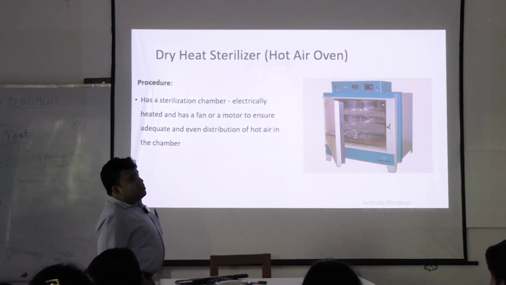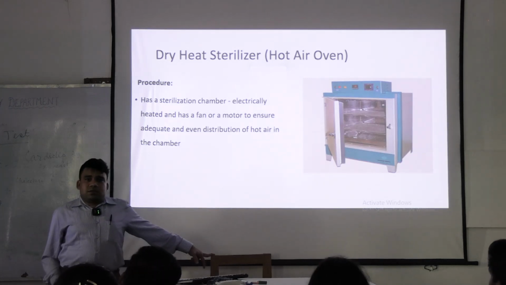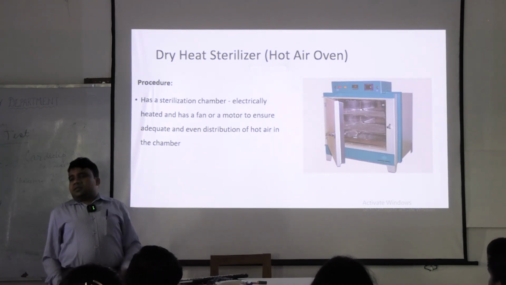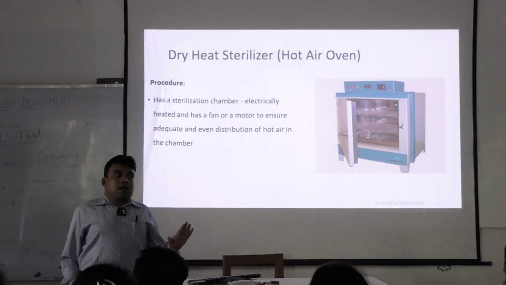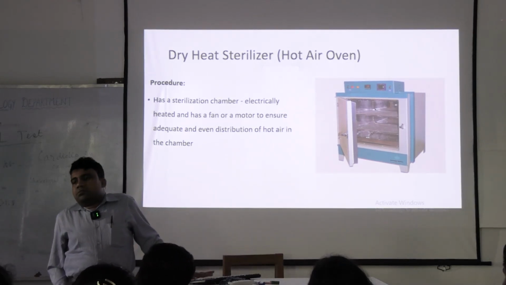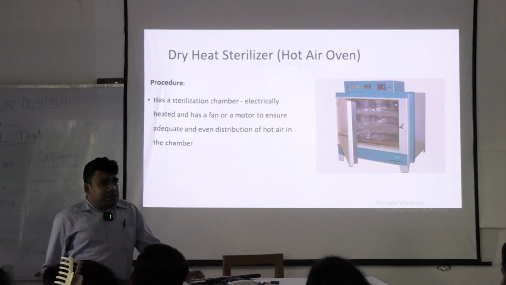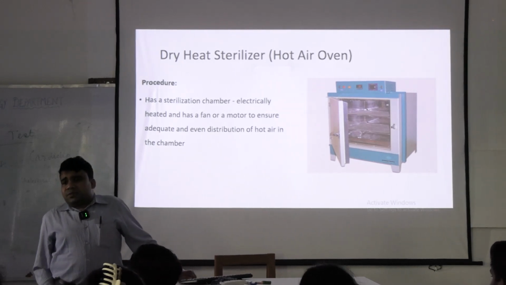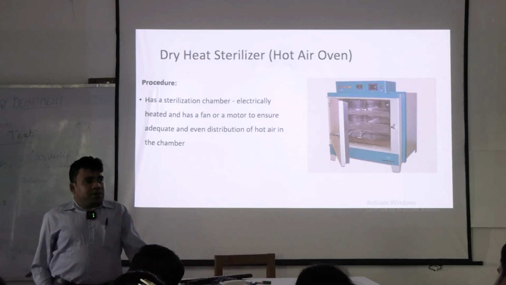The last physical method, not the last, the last heated method, is hot air oven. There is nothing special about hot air oven. It's like a regular oven that you can find in the home. It achieves a higher temperature, 180 to 200 degrees centigrade, and the materials can be kept in the hot air oven for a 30-minute period or a 1-hour period.